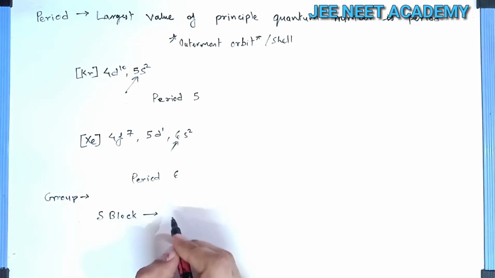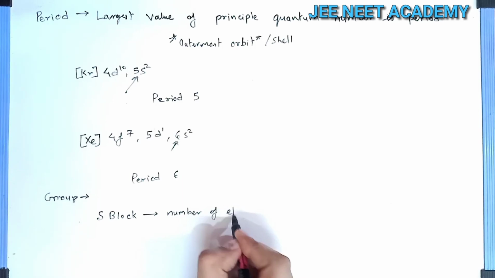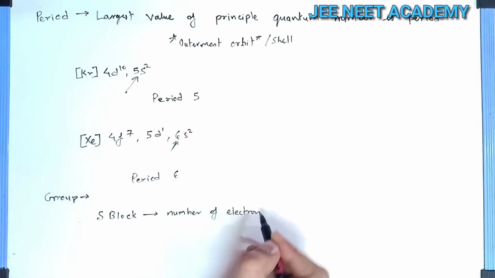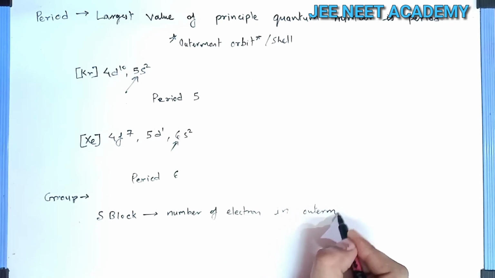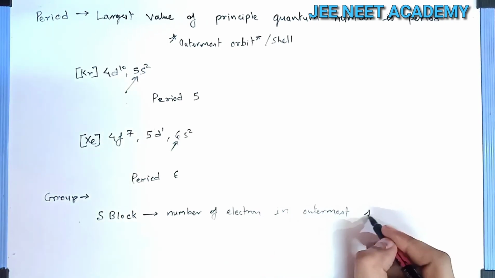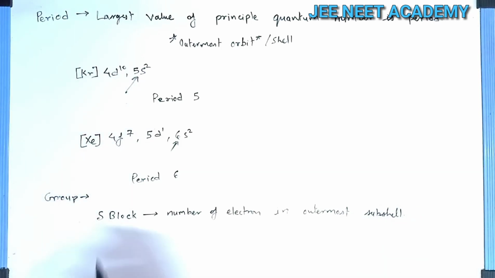For S block, number of electrons in outermost subshell will be the group for S block element.